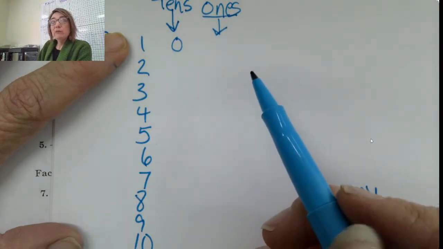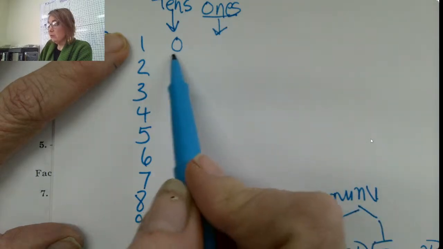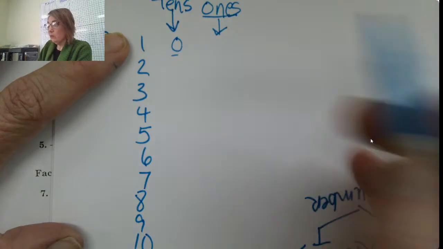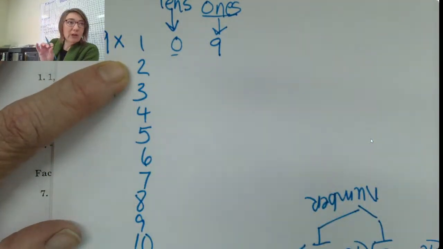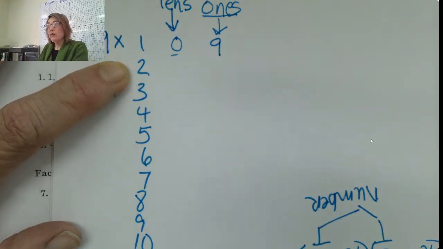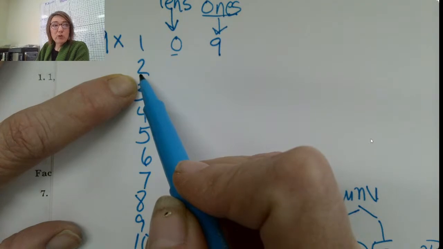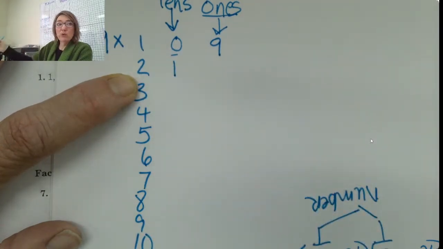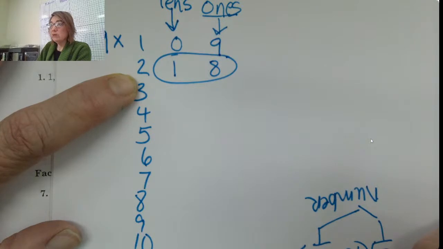And then however many is left over from 9, from this number, you put in your ones column. So 9 minus 0 is 9. 9 times 1 is 9. Now, I know that y'all know what 9 times 1 is, but it works with every one of them. So if we subtract 1 from this, what's 2 minus 1? 1. And then do 9 minus 1. And that's your number. 9 times 2 is 18.